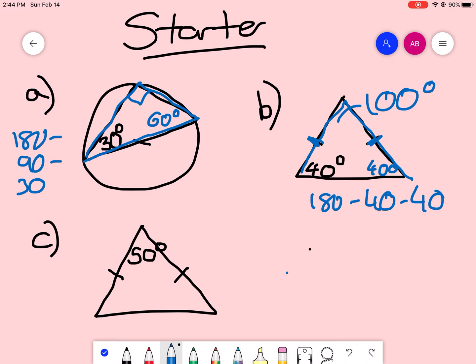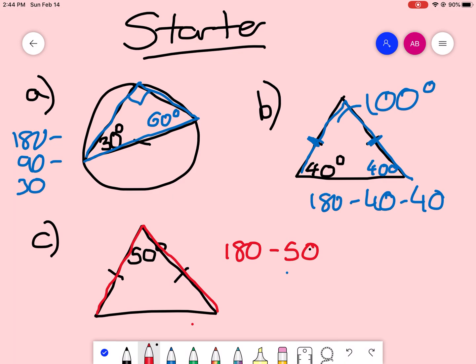Next, we have a question here. So, again, we have an isosceles triangle. The two sides that are the same meet at the angle which is different within the triangle. So therefore, the two angles down the bottom of this triangle, again, are the ones that will be the same size. So we can find those two angles by saying 180 take 50.